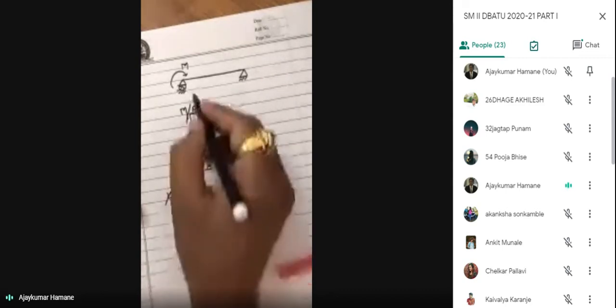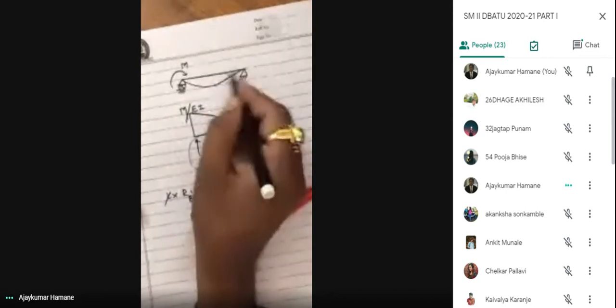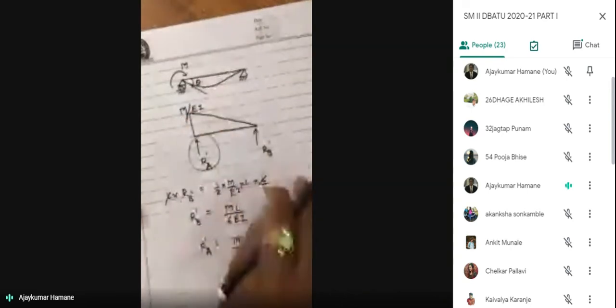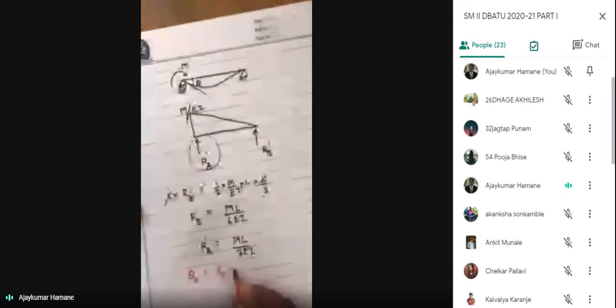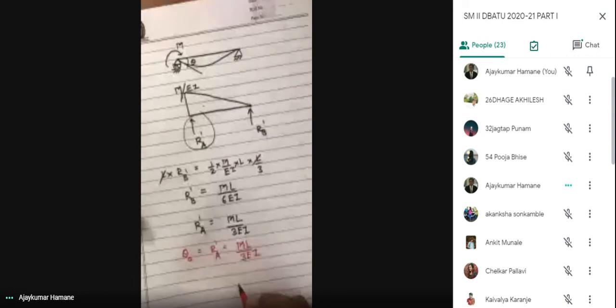So this reaction gives us a displacement. So the displacement at A, theta A equals reaction at A, which gives us ML by 3EI.